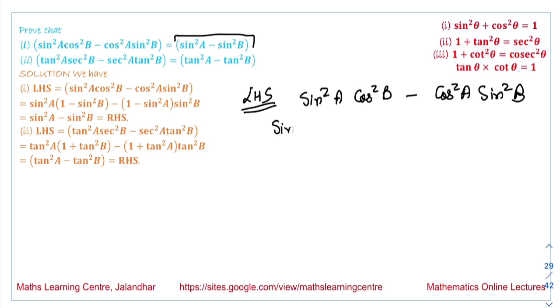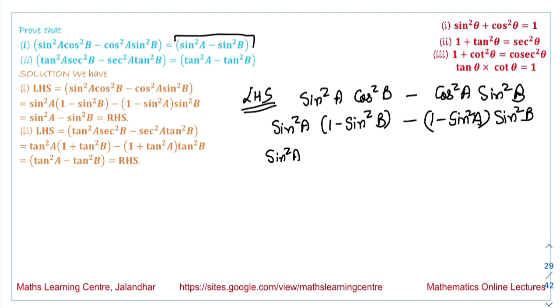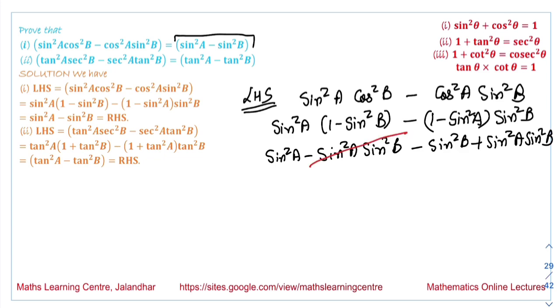So in place of cos square B, we are writing 1 minus sin square B. In place of cos square A, we are writing 1 minus sin square A, and this time we are writing sine square B. So it is sine square A minus sine square A into sine square B minus sine square B plus sine square A into sine square B. Both these terms get cancelled out and the answer we are left with is sine square A minus sine square B, and this is equal to RHS.